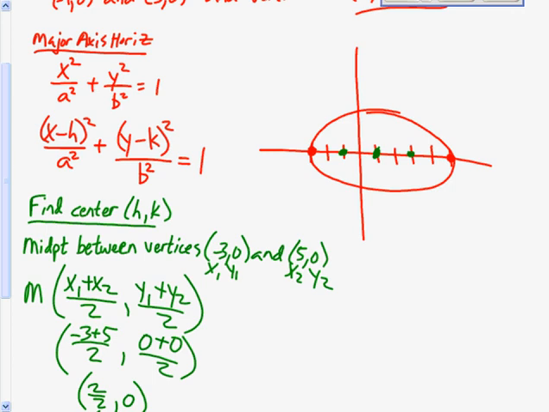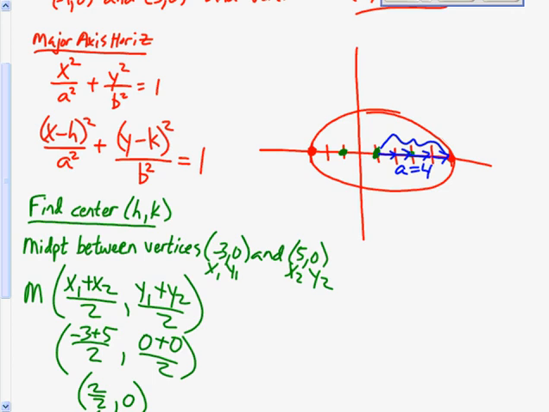And from there, let's start writing this. We do need one more thing. We have our a. a is the distance from the center to a vertex. So let's count it: 1, 2, 3, 4. So a is 4.